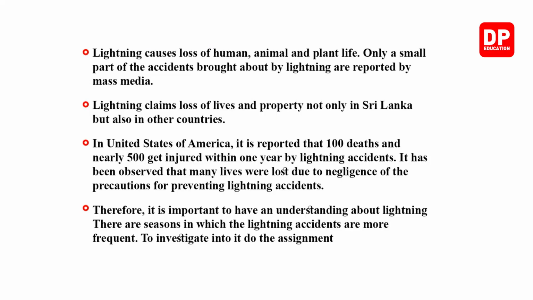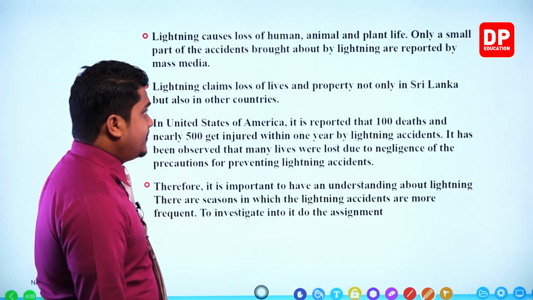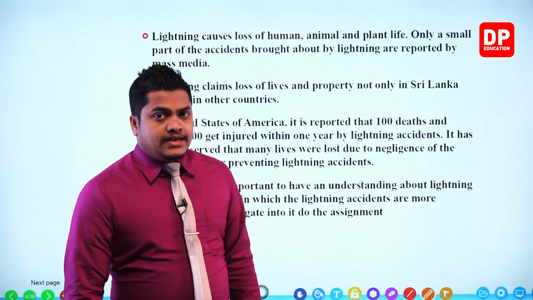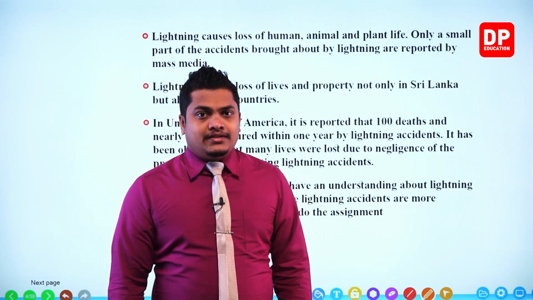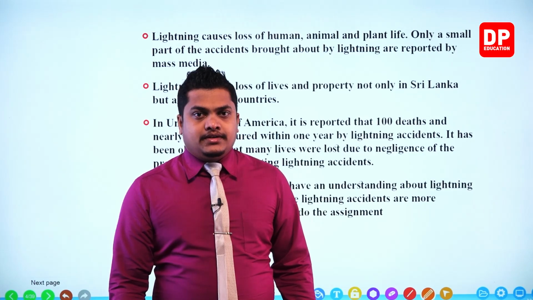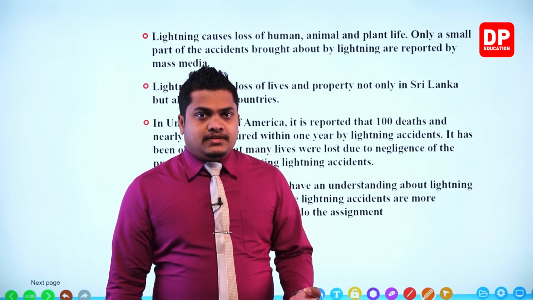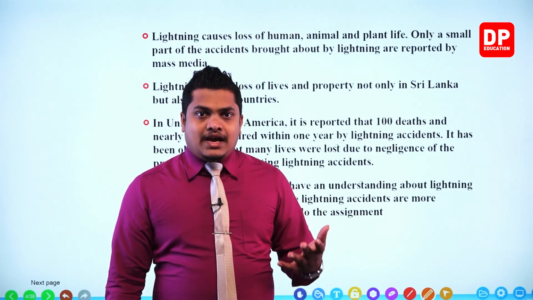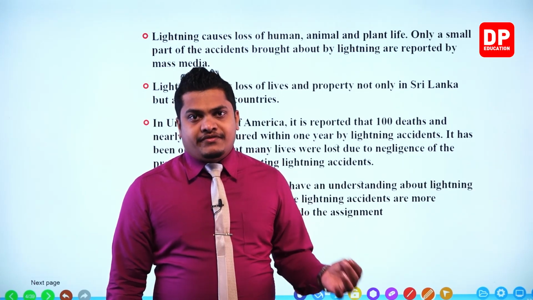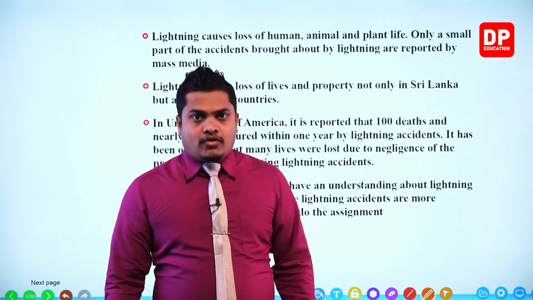So lightning causes loss of human, animal and plant life. Only a small part of the accidents brought about by lightning are reported by mass media. Like I said, my dear children, because of lightning, loss of lives, loss of plants, and also loss of different properties can occur.